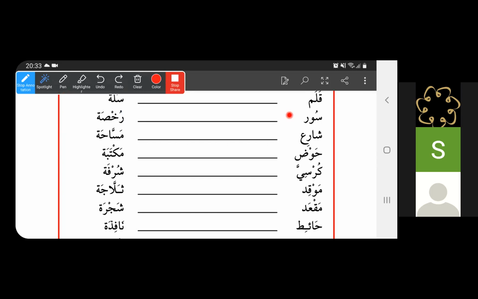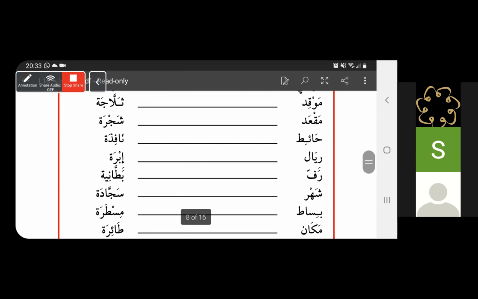طيب. So, you know, your surroundings, around your park, it's سور. سور is the boundary, fence, wall. شارع, street. حوض, the basin. صحيح. كرسي, the chair. موقد, it's the stove. طيب.